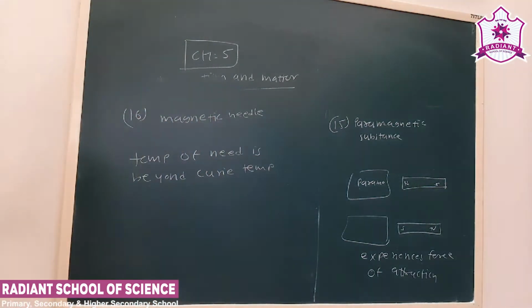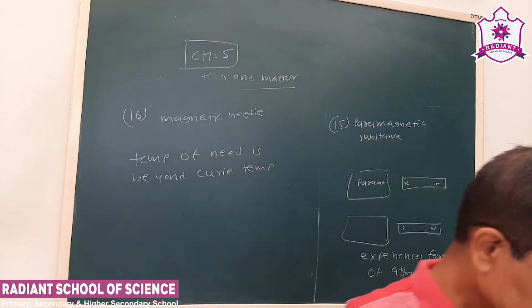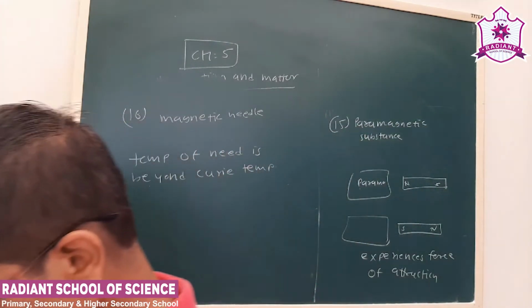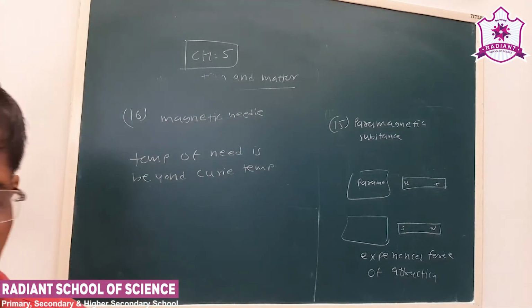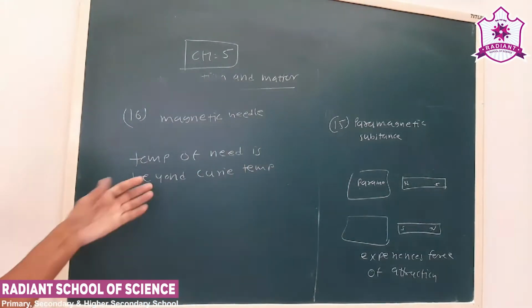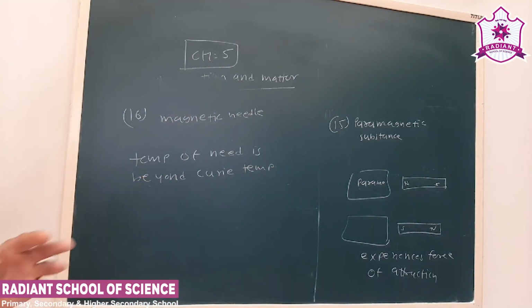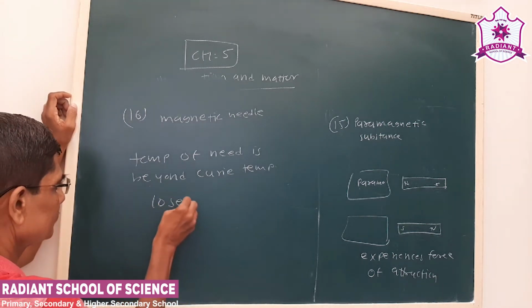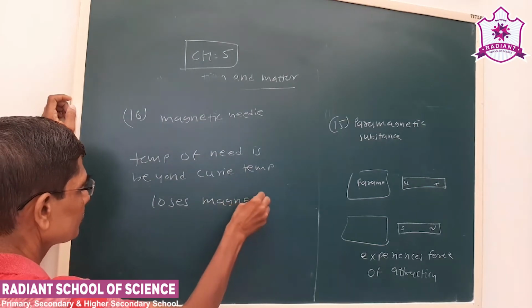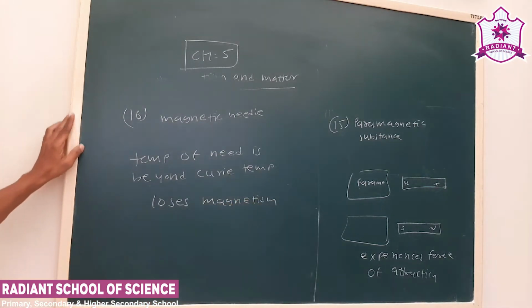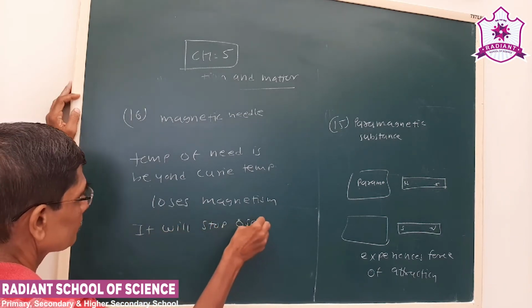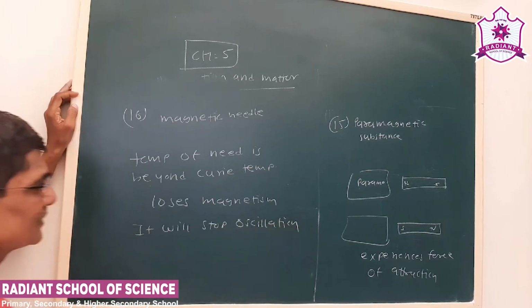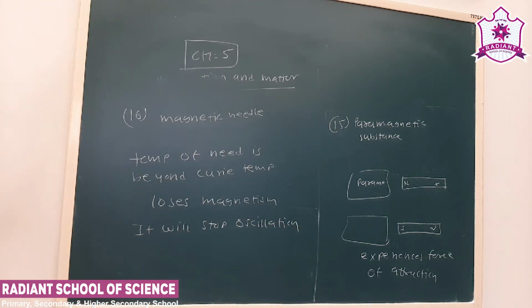See, we have studied earlier, generally the magnetic needle and such substances are ferromagnetic. When the temperature increases beyond the Curie temperature, it loses its magnetism. And once it loses magnetism, it will stop oscillating. See, the oscillation will stop.